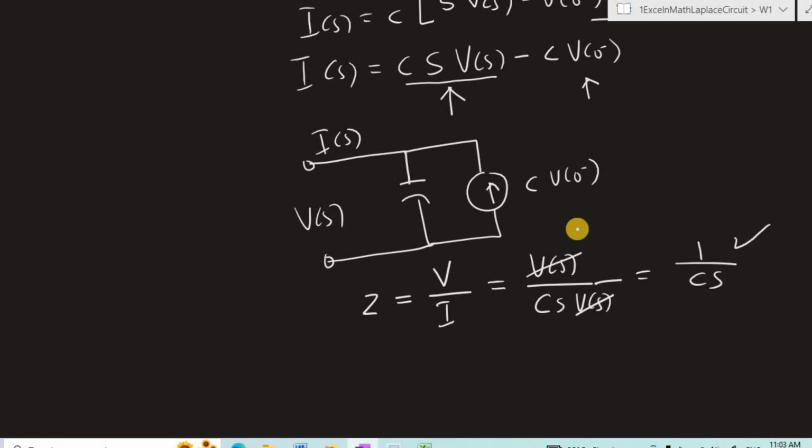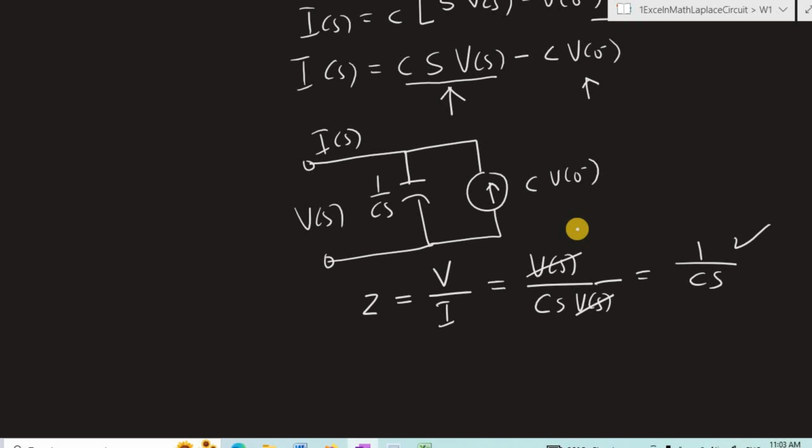And this is the impedance of the capacitor in the S domain. So now we have successfully derived the parallel circuit model of the capacitor in the S domain.